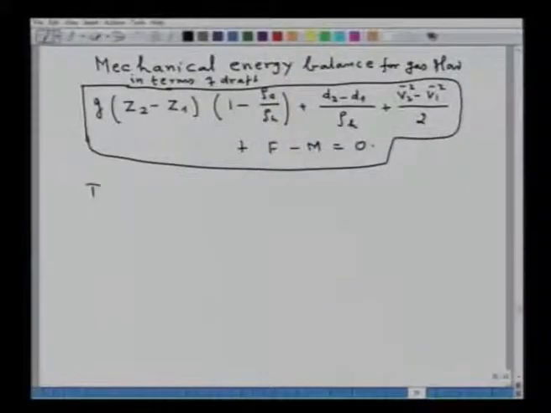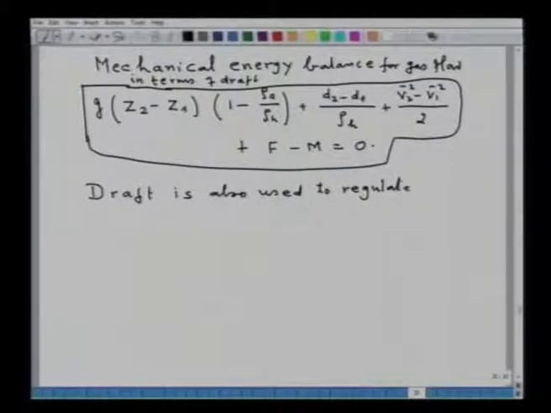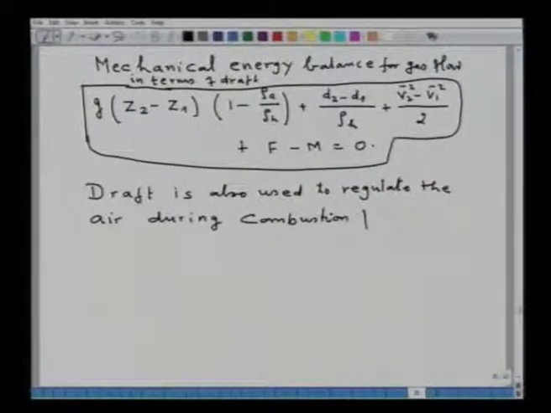Now, also one should consider that draft is used to regulate the air during the combustion process. For example, take natural draft.